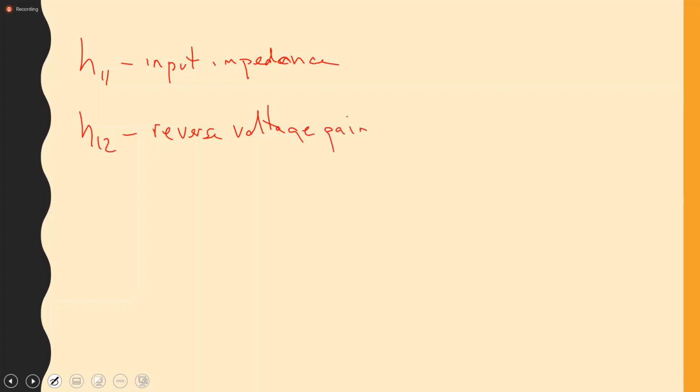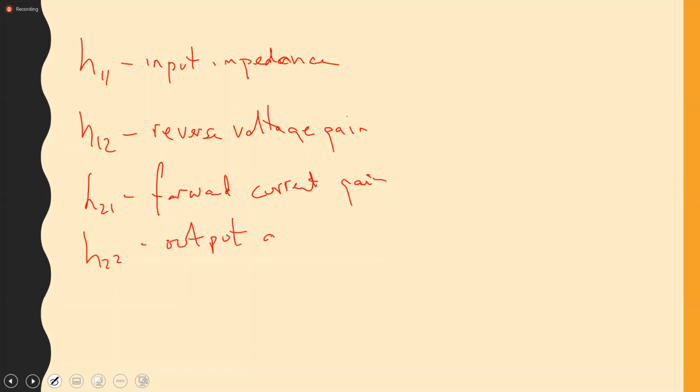H21 was our forward current gain. And H22 was our output admittance.